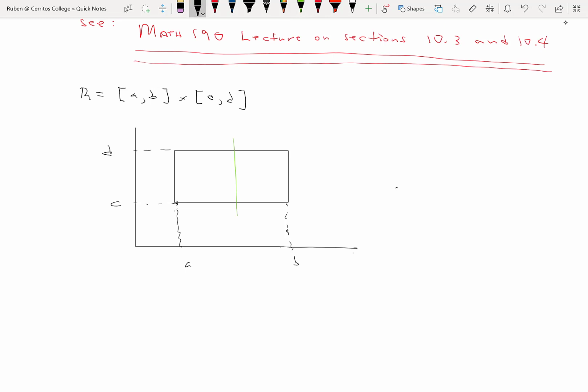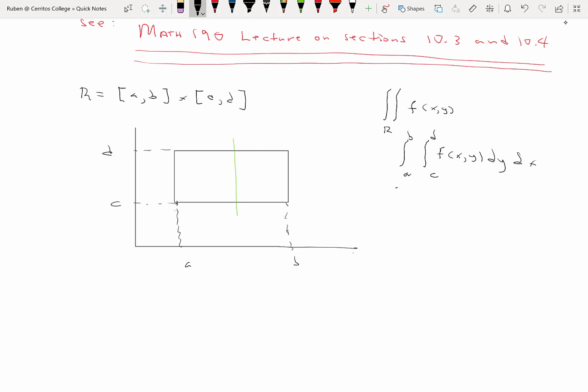So we integrate f of x, y, dy. As the green line passes through the region, it hits C first, and then D when it exits from below to above, and then we integrate that result from A to B with respect to x. And that was one way of looking at the double integral over the region, or the rectangle R, of f of x, y, dA.